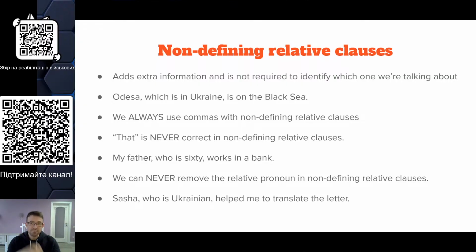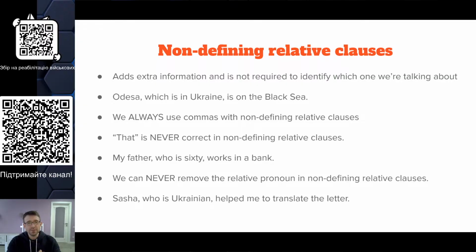And if we remove this from the sentence, we have "Odessa is on the Black Sea." And that is a completely grammatically correct, normal sentence. And so because of this, we consider this as extra information. We don't need it for the meaning. To give the same idea, we don't need it to know which one we're talking about.